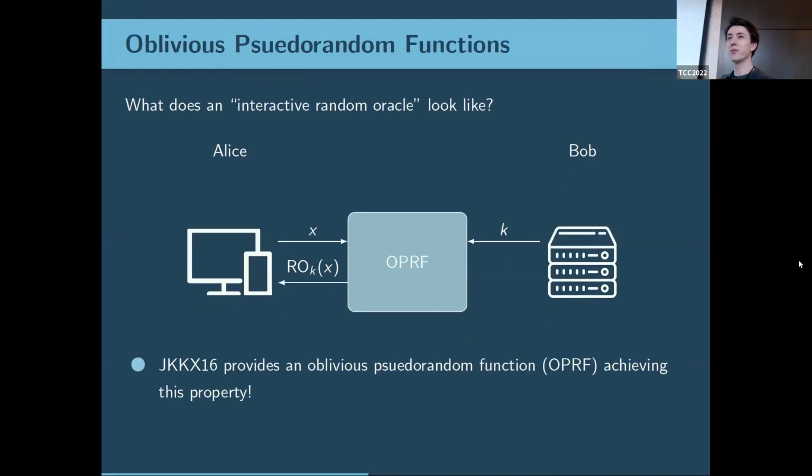Well, as it turns out, we know how to construct this already. Dreier et al. show that it's possible to construct such an interactive random oracle from an oblivious pseudorandom function. In this case, Bob inputs a key to the oblivious pseudorandom function, and Alice only learns, interactively, the output of the query.